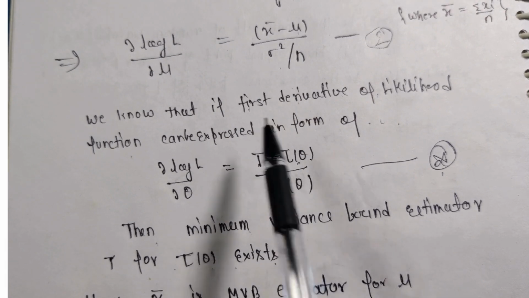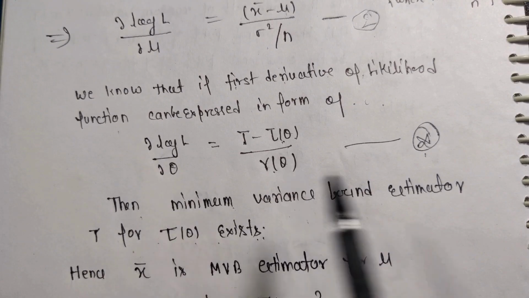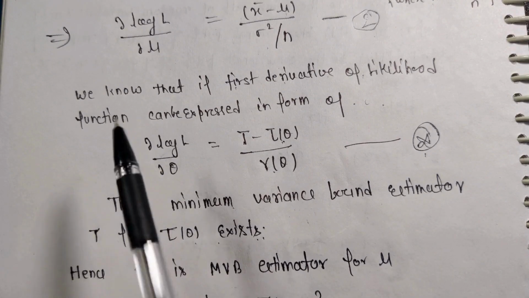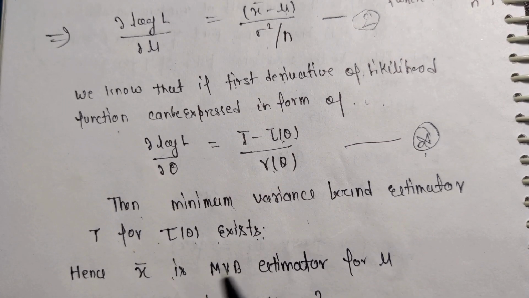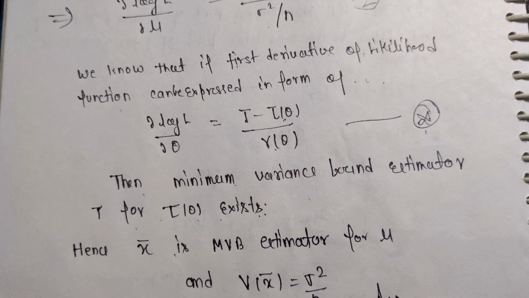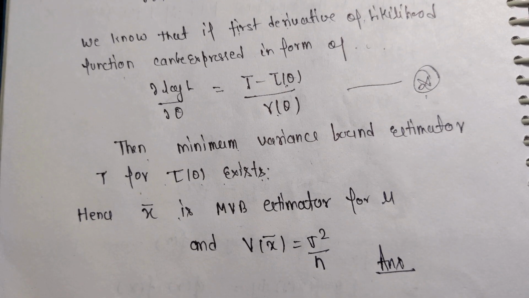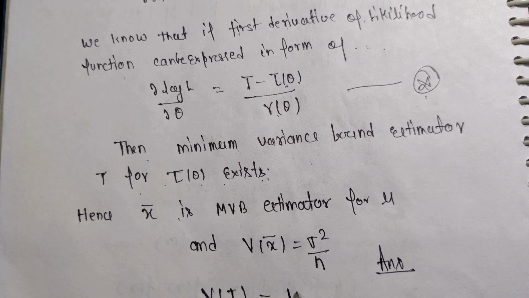Okay, so in this way we can conclude that x bar is the minimum variance bound estimator for mu, and the variance of x bar is sigma square by n, because we know that from equation number star, the variance of t is equal to mod of tau dash theta into gamma theta.